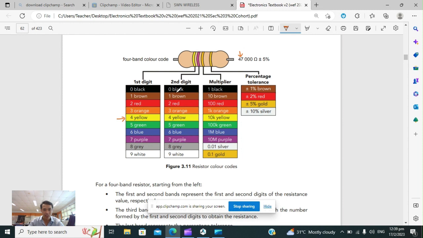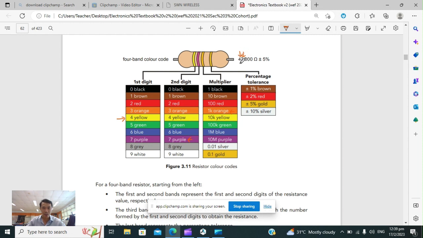The second band is a purple colored band. So I look down over here, purple color, and therefore the second digit is a number 7 because it corresponds to purple 7. And if I look at the third band, it's an orange band, corresponds to 1K. 1K is 1000.